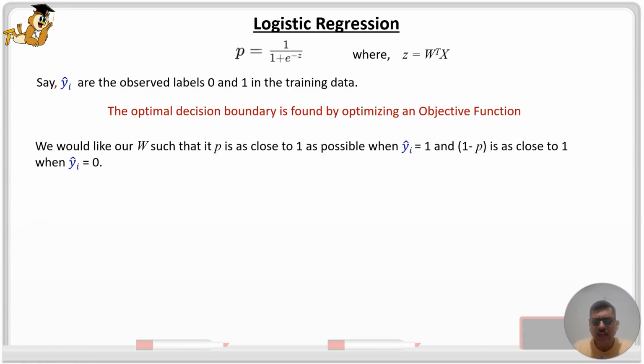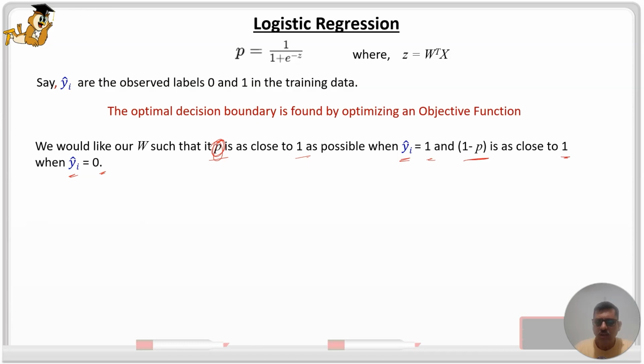Now, what would we like our weights to do? We would like our W such that P is as close to 1 as possible when Y hat is 1, and 1 minus P is as close to 1 when Y hat is 0. I'll repeat this. On your training data, you would like P to be as close to 1 as possible when Y hat is 1, because P is an indicator of which class you assign that point to.